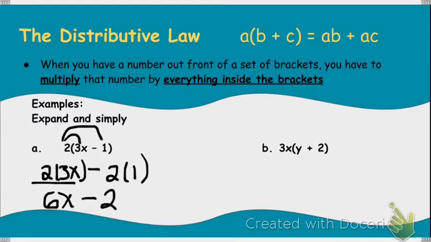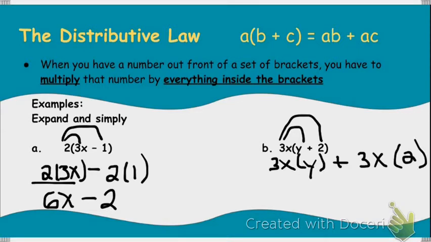Okay, so for b, we have 3x, and then bracket y plus 2. So we're going to distribute it to both the terms in there. So we've got 3x times y plus 3x times 2.